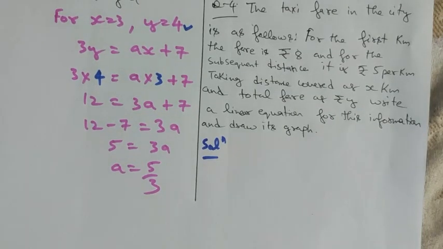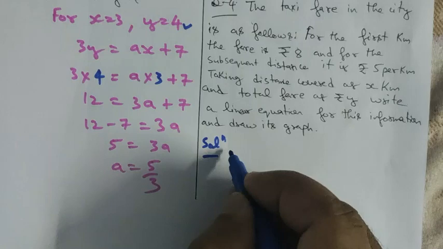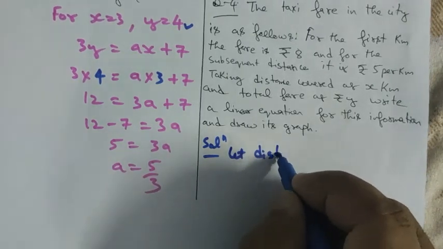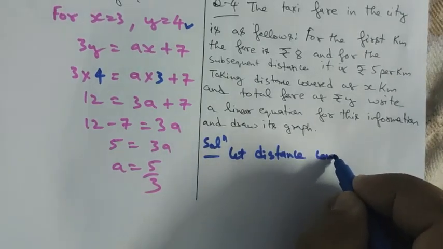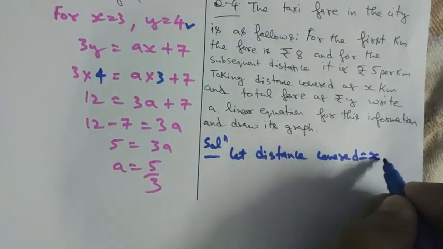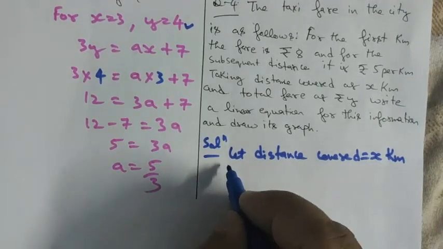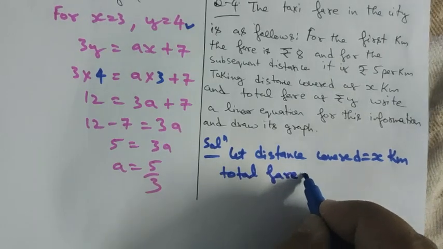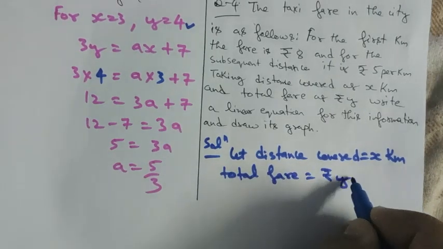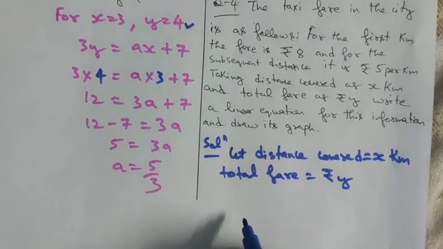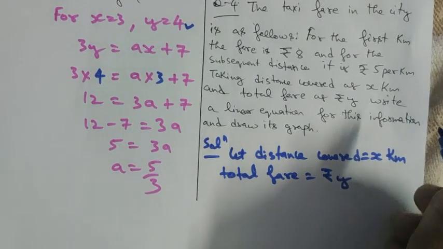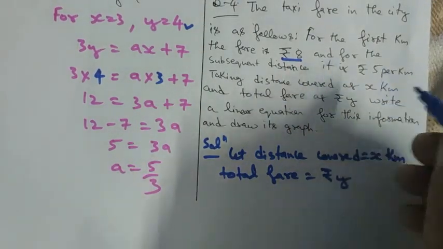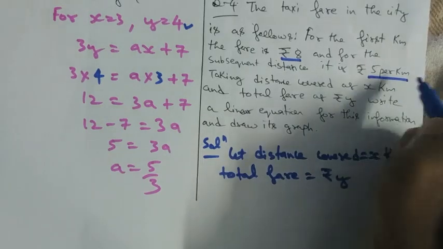Question number 4. In question 4 it is given that we have to take the distance covered as x kilometers and the total fare as rupees y. It is such that for the first kilometer the fare is rupees 8, and for the subsequent distance it is rupees 5 per kilometer.